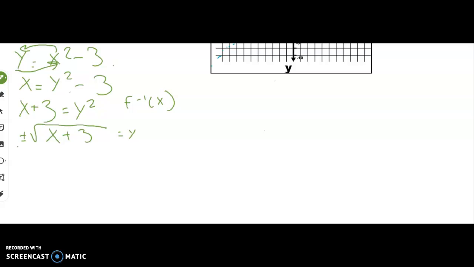So now how can we confirm whether or not our inverse function is indeed the inverse of that function? If we hearken back to function composition, that will tell us whether or not our function is indeed an inverse.